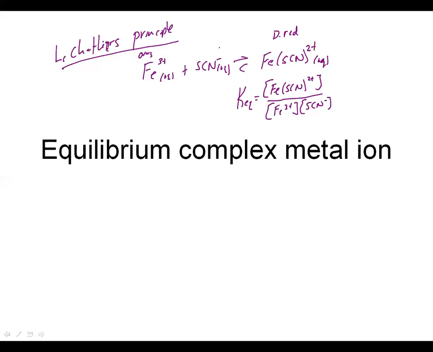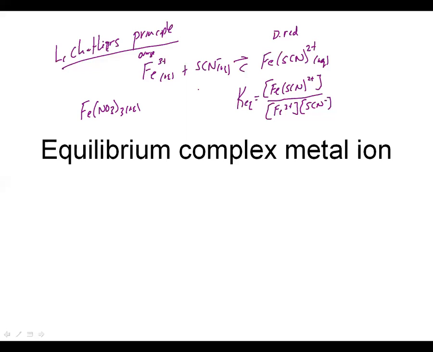And again, if you did something to this equilibrium, once you set up this equilibrium, what you would do when you're going through that first part was, for example, add, say, iron 3 nitrate. And if you added iron 3 nitrate to this, for example, iron 3 nitrate really is a source of two things.